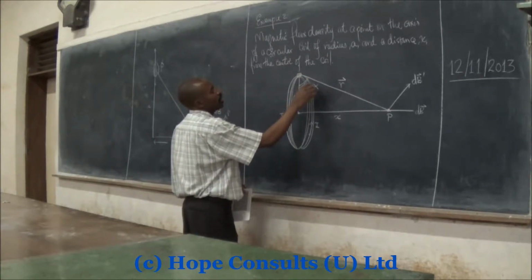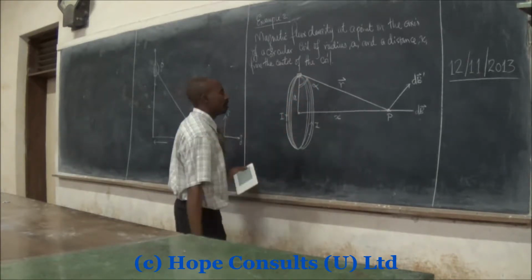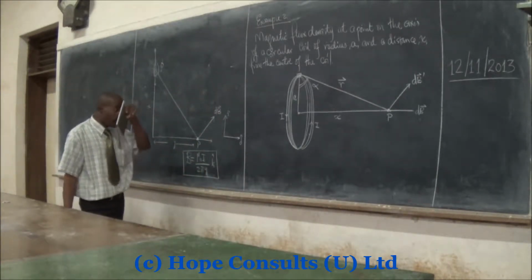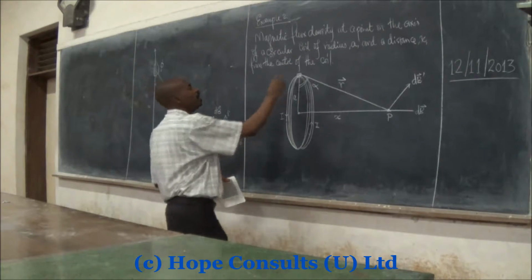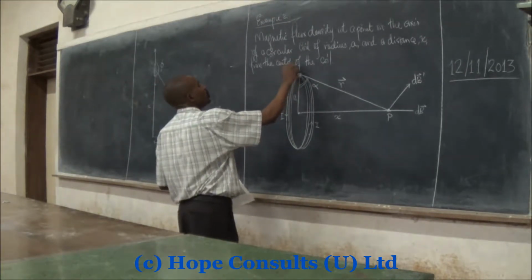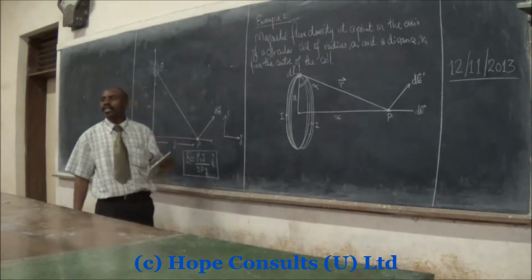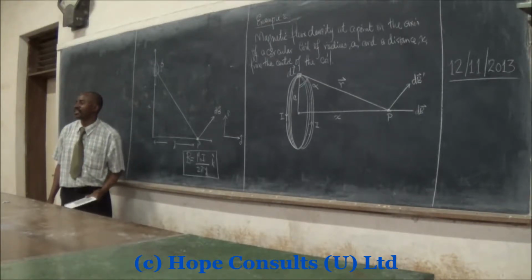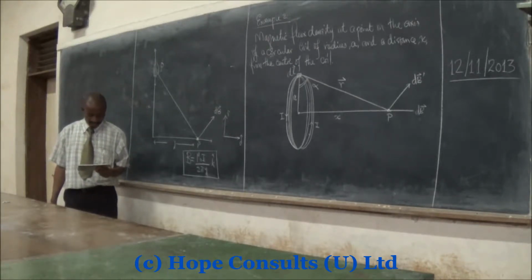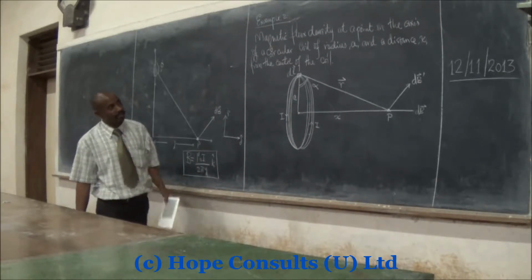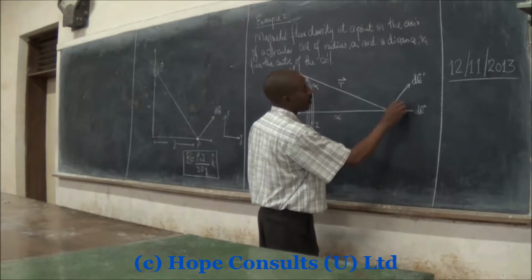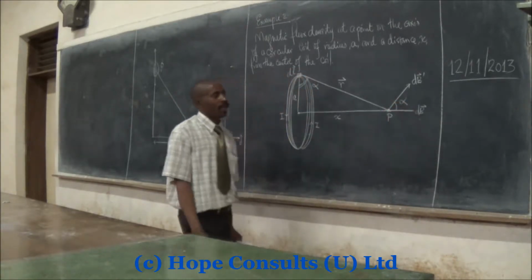So this angle here is alpha. And of course, we are dealing with an element which is contributing to the magnetic flux density. If you do the geometry, you discover that actually this one is also alpha.